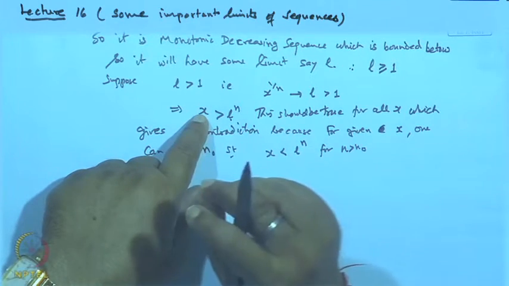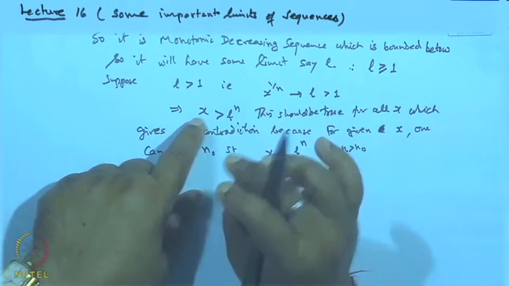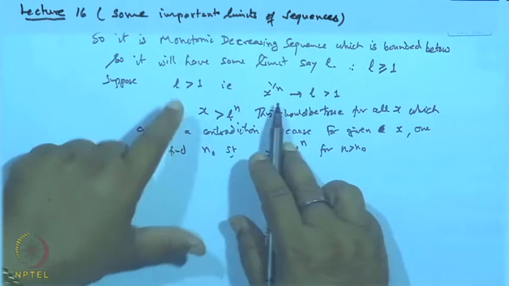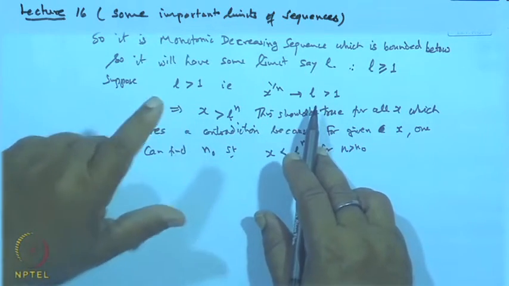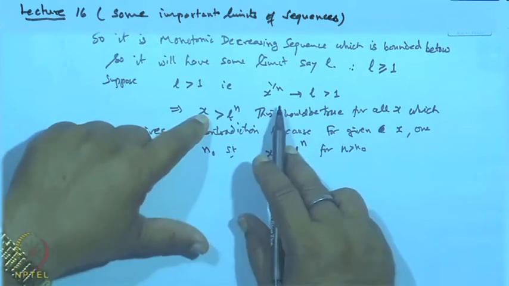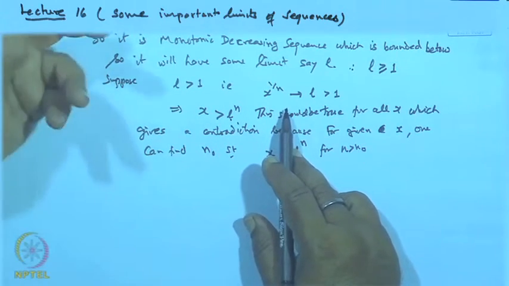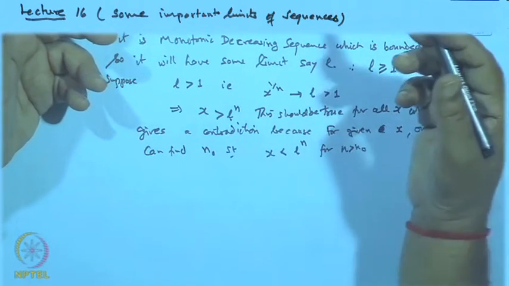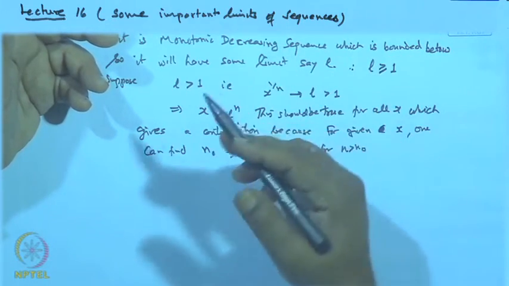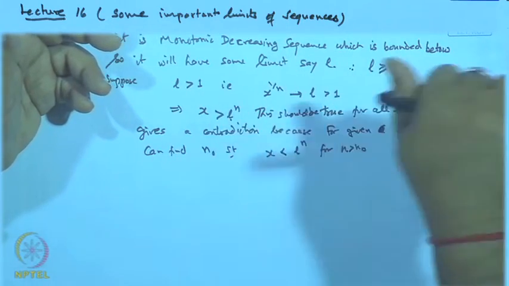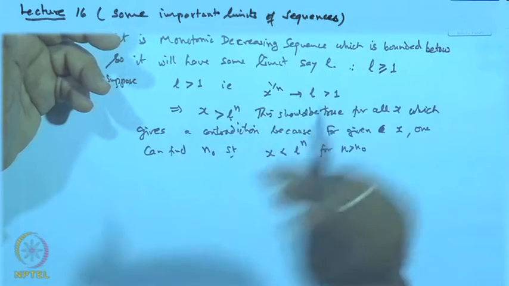Once you choose the x, the left hand side is fixed. And what we are saying is that if the limit is L, which is strictly greater than 1, then for large values of n, x would be exceeding L to the power n.